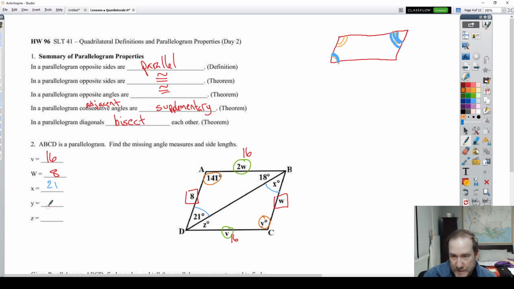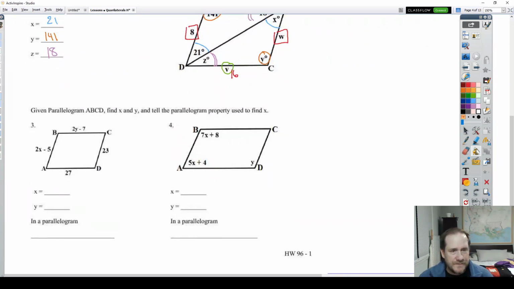They're opposite, so y is automatically 141, and I don't need any work shown for that either. And then you've got z, which is alternate interior angles with the 18. Just like x and 21 were alternate interiors, 18 and z are alternate interiors now too. So z's got to be 18. Technically none of those should have degree symbols. They're just variables. But that's it for number 2.